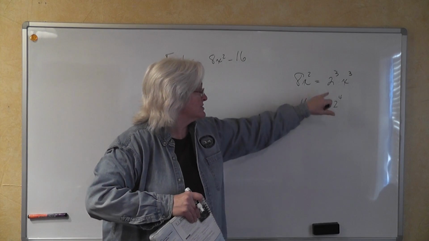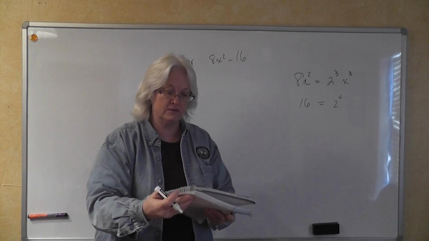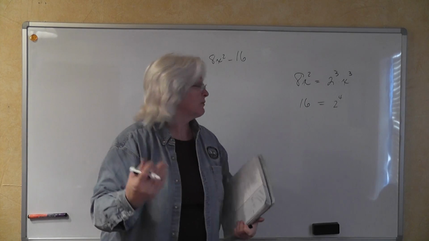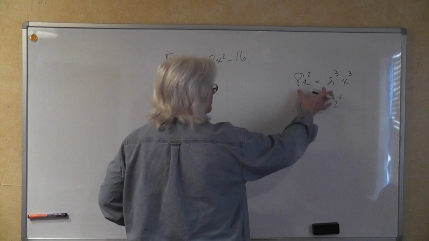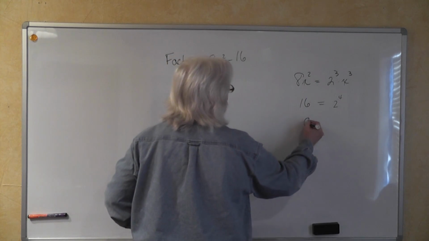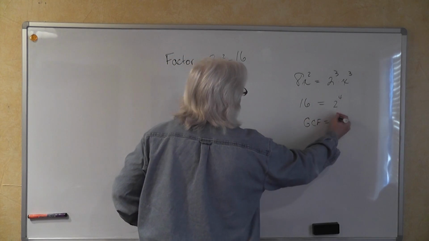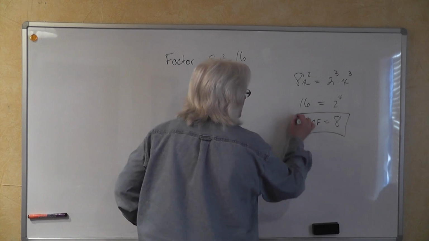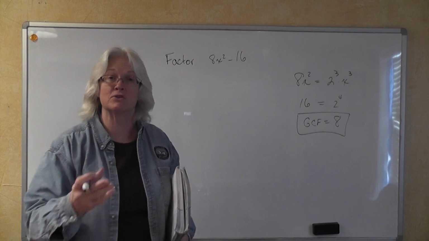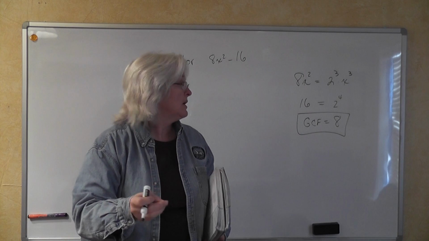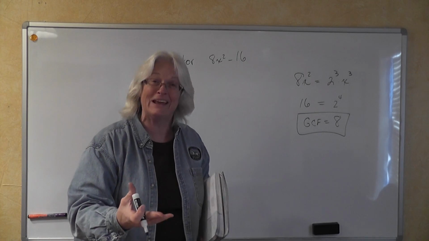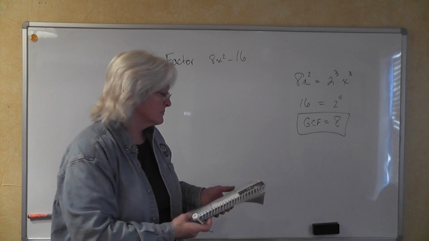There are no variables here. Now what we need to do is identify the greatest common factor in these. What's our greatest common factor? Our GCF here is simply 8 because there's no algebraic factor, no variable factor that they have in common.